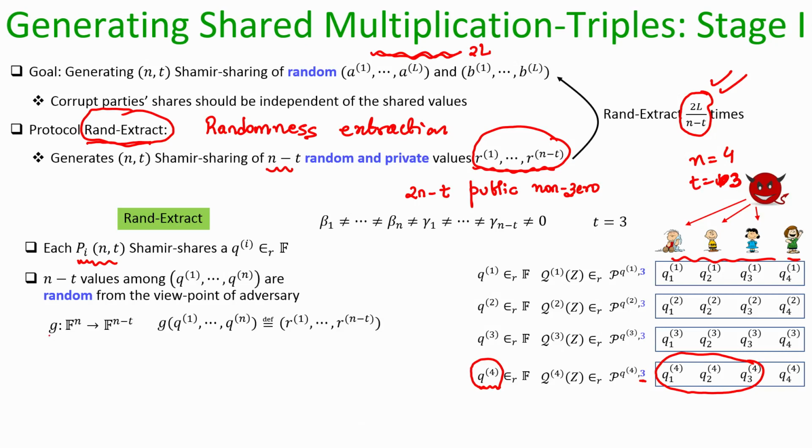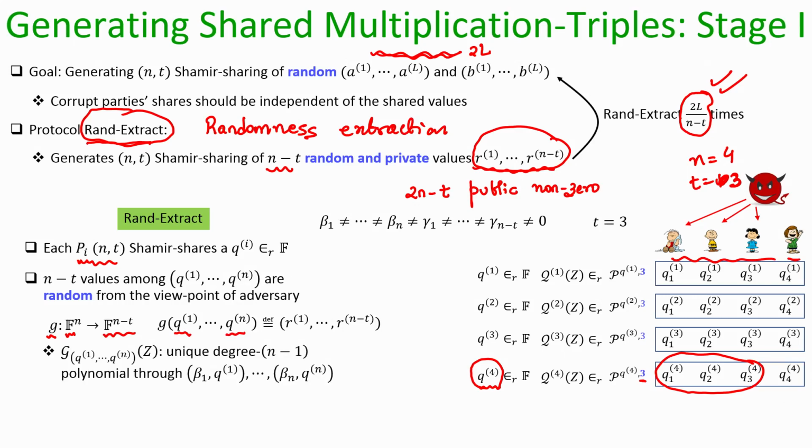Let me define a function g, which we will see is a linear function, which takes n values from the field and produces n minus t values from the field. Namely, it will take the input values q 1 to q n which have been secret shared by P 1, P 2, P 3, P 4 respectively, and it will produce n minus t output values.